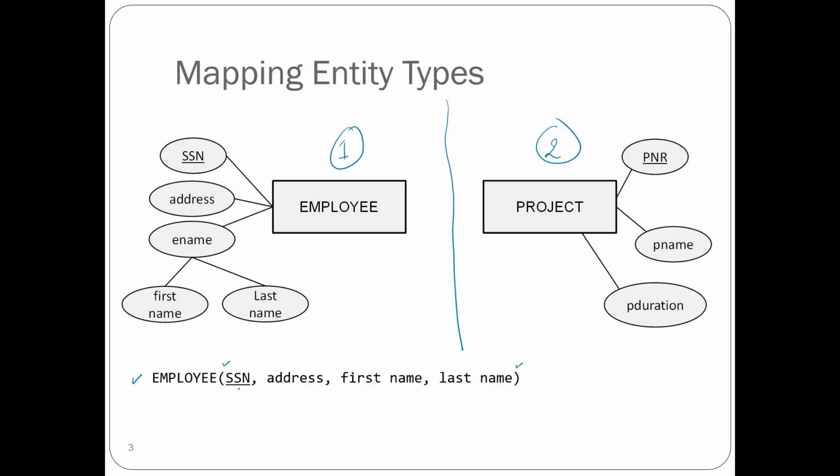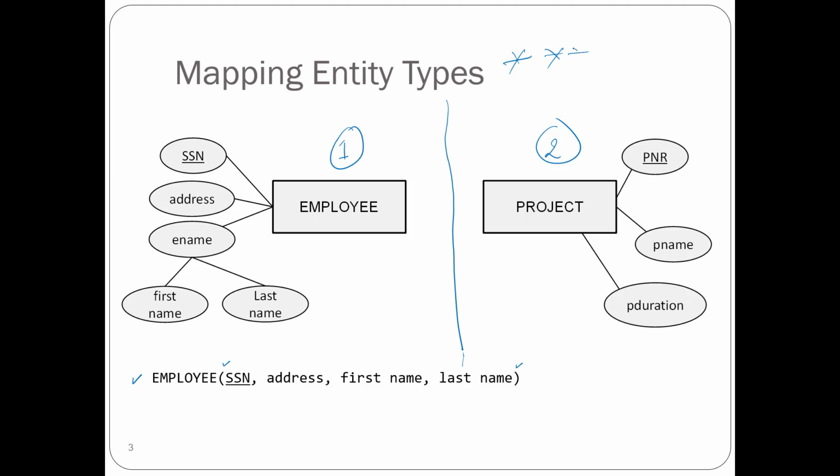You would see that we have SSN here, followed by address. Then in place of having ename like this, we would rather have two attributes, first name and last name, and that's how we will map an entity type employee to the corresponding relation, that is employee over here.